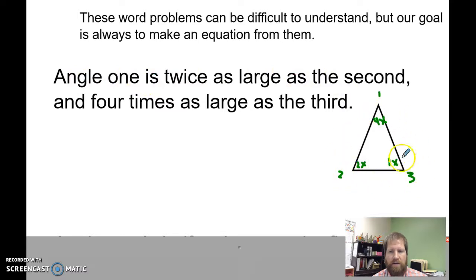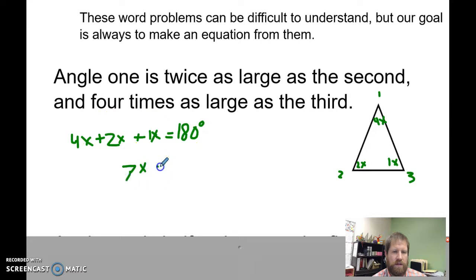Now this should look like something we were solving in our last video. We have 4x plus 2x plus 1x, or just x by itself, and that should be equal to 180 degrees. 4, 5, 6, 7. 7x is equal to 180. Divide by 7. This is going to get ugly.